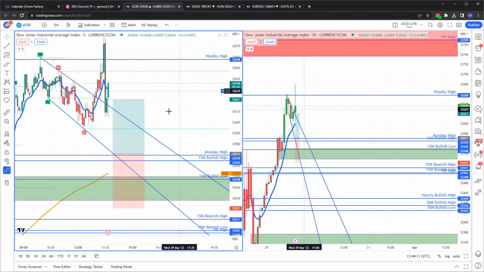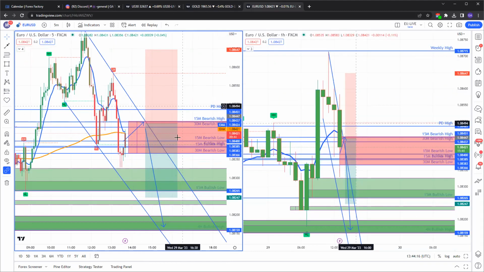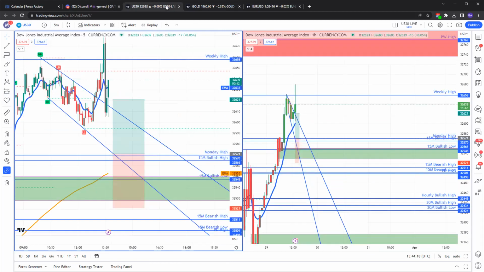So the only trades I'm looking for are this US 30 buy and this EU sell. Because I do see a possibility of gold turning bullish.